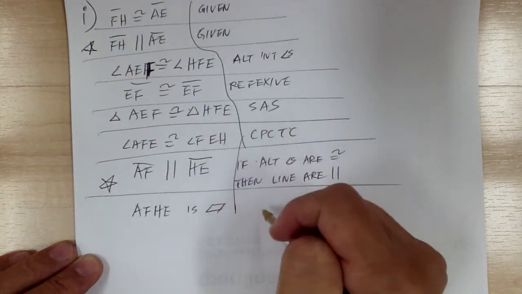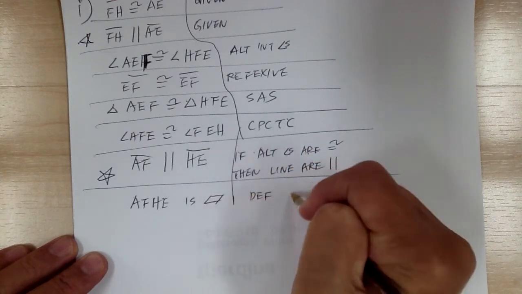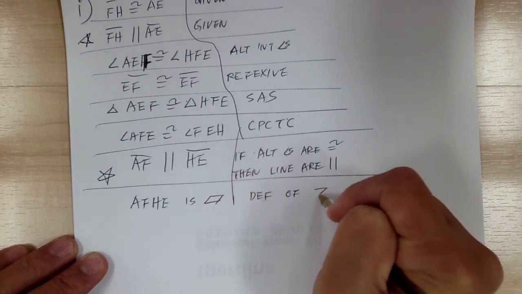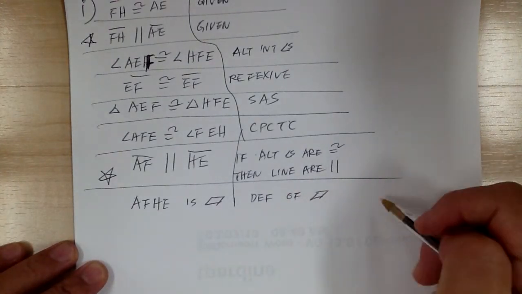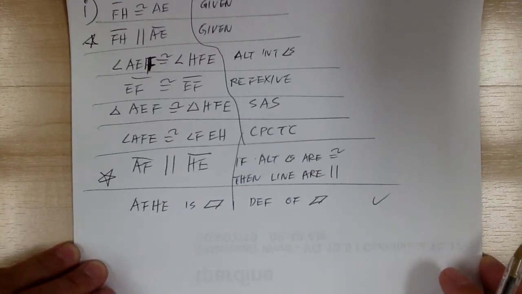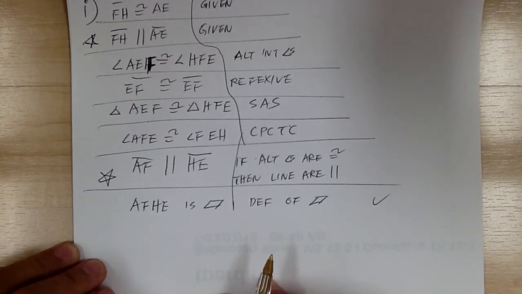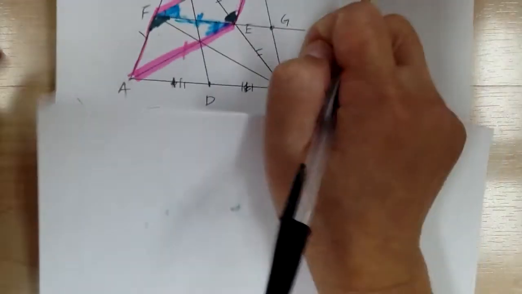So we have two pairs of parallel sides. So this is the definition of parallelogram. Okay, and so that's it. Now let's do part 2. We're going to keep this picture over here.